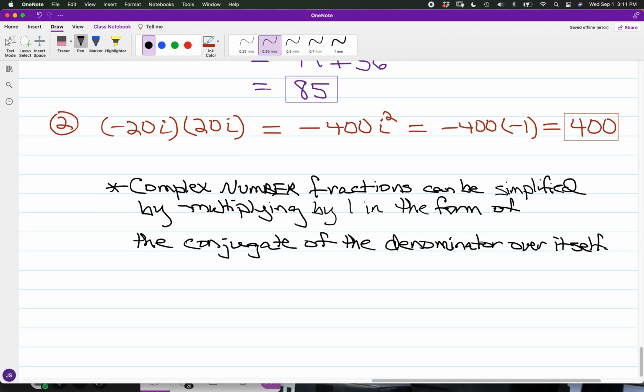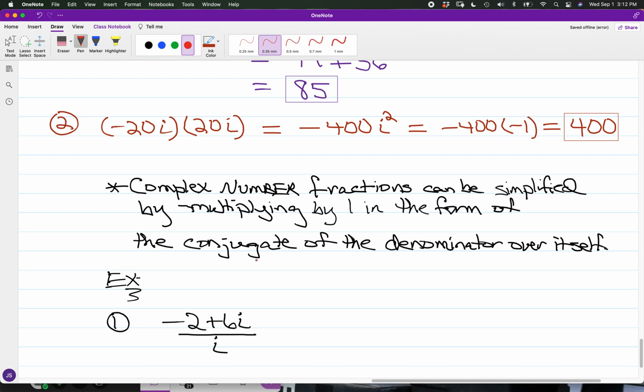All right, so I'll give you just a case here. Let's say we have negative 2 plus 6i over the letter i.